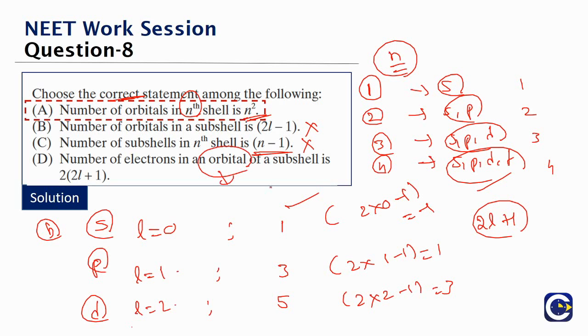Whether you take an s orbital, a p orbital, a d orbital or an f orbital, what is the capacity of electrons for any orbital? It is 2 electrons. That comes from Pauli's exclusion principle and is not related to anything else. So this is also incorrect. What is the correct one among them? Option A is correct. The number of orbitals in the nth shell is given by n square, and the total electron capacity is given by the 2n square formula.